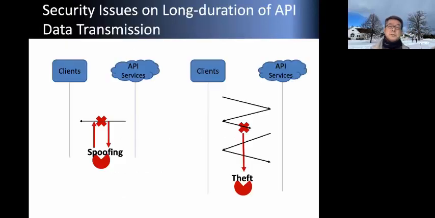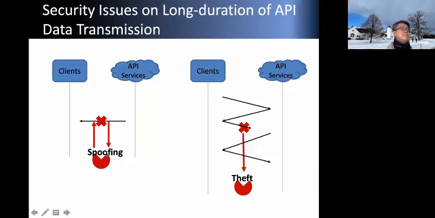There are security issues between client and API service. Data is transmitted, right? In our case, posting from the sensor, from client to API. When we have an iPhone app, then from API servers to the client, right? Either this way or that way, there may be some spoofing.